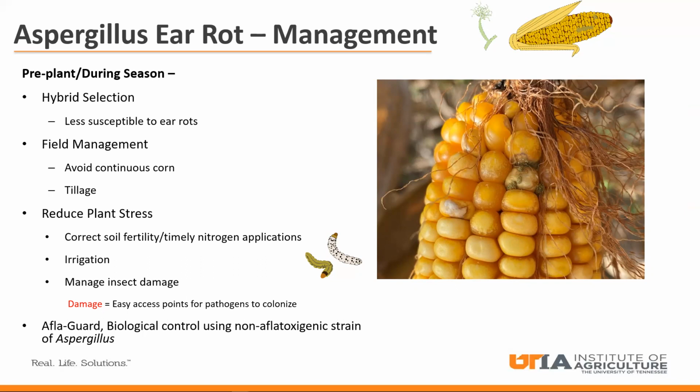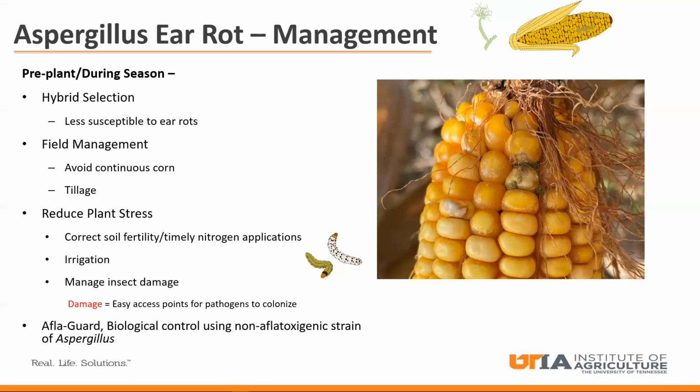The next two strategies that we're going to get into, I know it's hard to manage stress, but it's things that we have to talk about. The two strategies for reducing stress are correct soil fertility and timely nitrogen applications, as well as irrigation, and then also managing your insect damage.